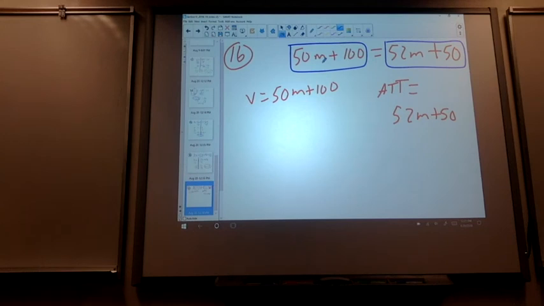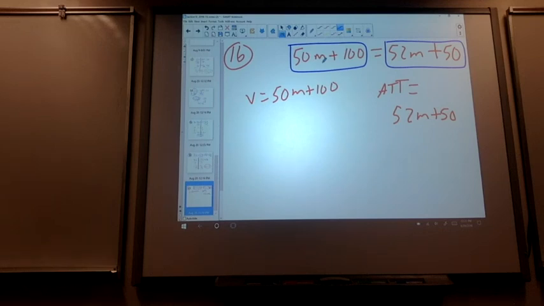Because one of them has a higher monthly rate, you're eventually going to get to a point where you pay the exact same amount over time. So $50 a month plus $100 versus $52 a month plus $50. The general public might look at the plan on the right, the 52M plus 50, and say, that's great, $50 out of my pocket, what's $2 a month? That's really the mindset.